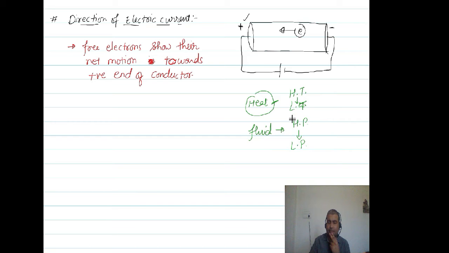Is it clear? Higher pressure to lower pressure. So convention says that current, electric current rather, must also flow from higher potential to lower potential.